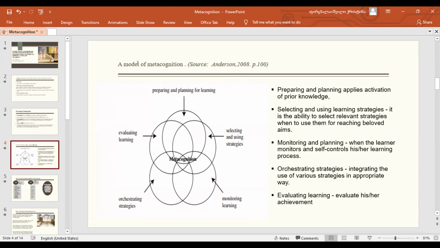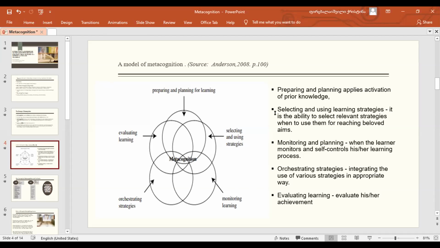So this is a model of metacognition, and it contains the following steps: preparing and planning for learning, selecting and using strategies, monitoring learning, orchestrating strategies, and evaluating strategies. And you can see from his chart how these 5 strategies correlate with each other.